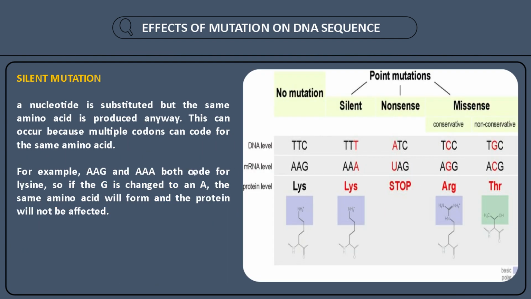And proceeding with the third type of substitution, which is the silent mutation. It is called silent because it is not a factor, or it cannot affect our body. It is called silent mutation because instead of cytosine and guanine right here, it was replaced by thymine and adenine, and still it produces the same amino acid.